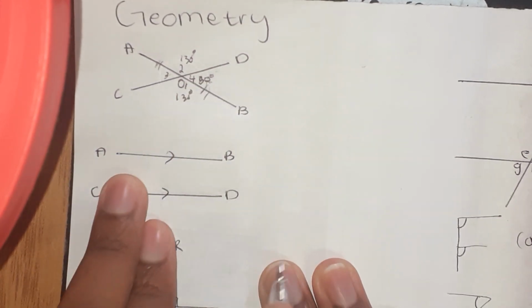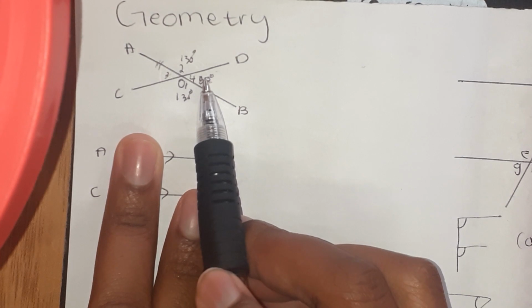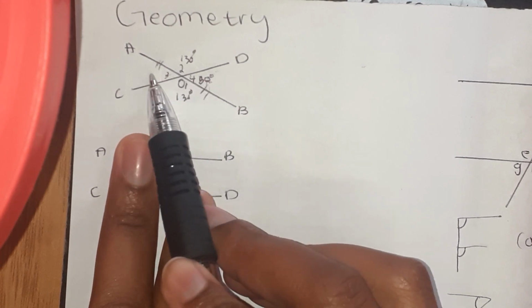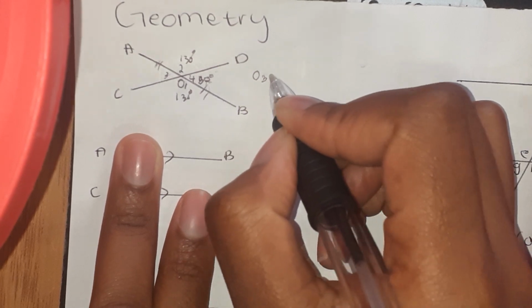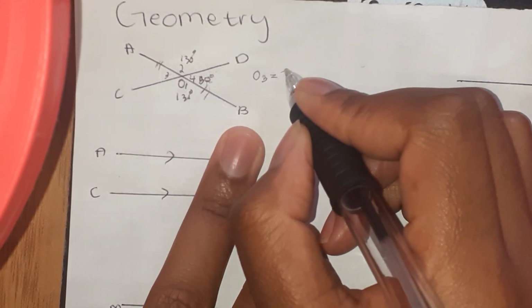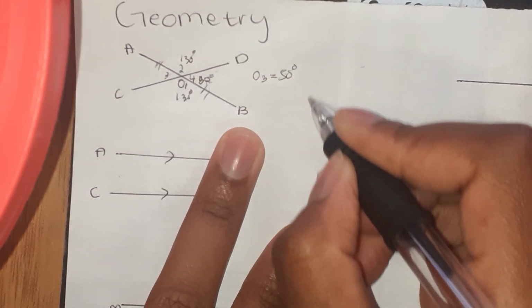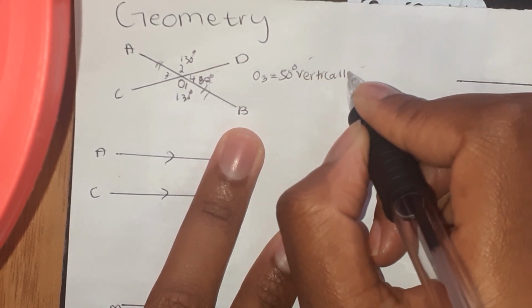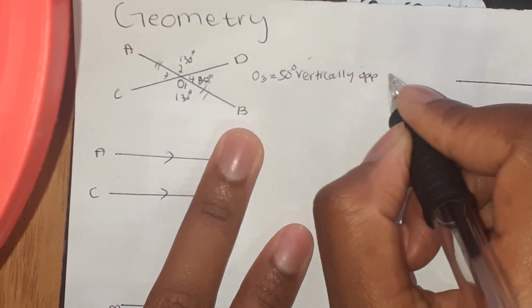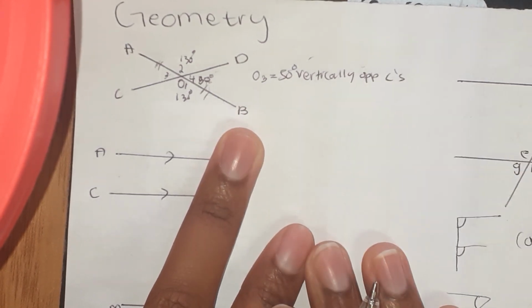So what will you say? You have this as 50, and then you can find O3. You will say O3 equals 50 degrees. And what is that? Vertically opposite angles, right?